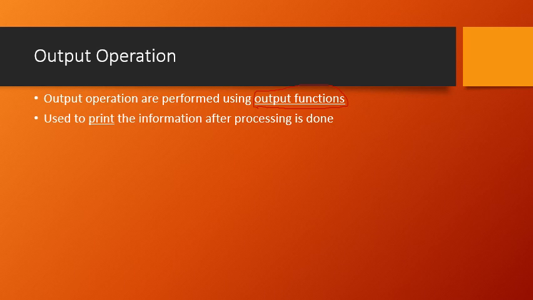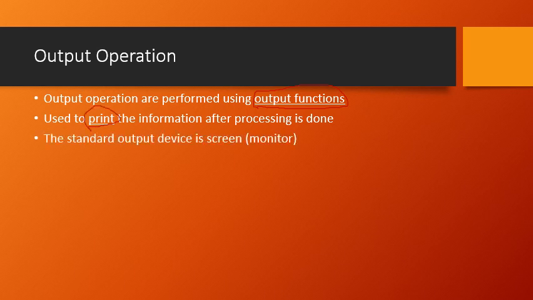What these output functions usually do is print the information after the processing is done. We have studied earlier: input, process and output. Once the processing is done, the output has to be given to the user as meaningful information. So they are used to print the information.